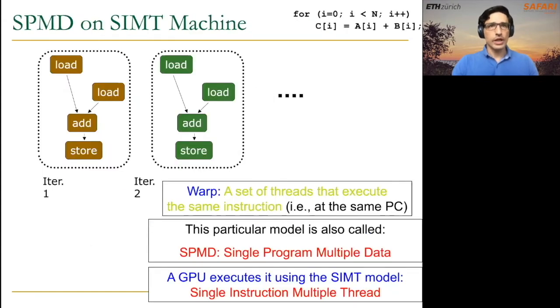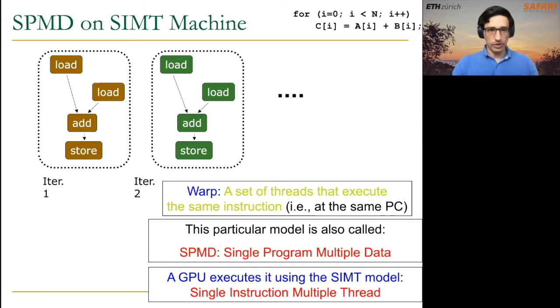So going again to the slide of the parallelizable code, it's a single program, multiple data program that we are going to use. And this program is going to be executed by warps, which are sets of threads that execute the same instruction. So in some way, this warp is the SIMD unit and is the entity that is executing the SIMD instructions.